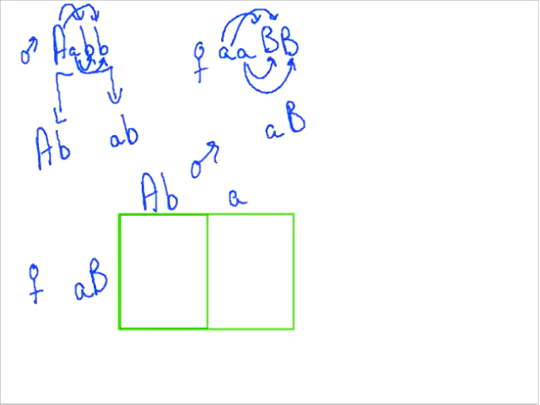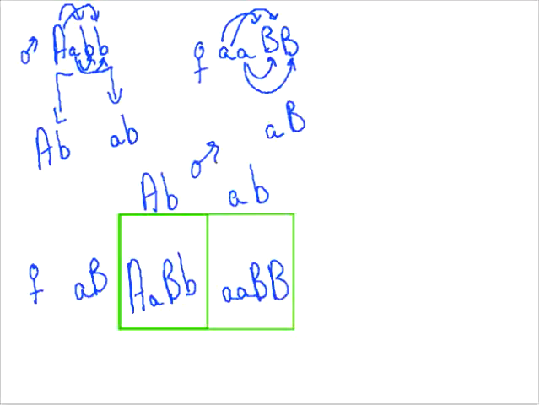Big A, little b, little a, little b. Therefore, the only possible genetic combinations in the offspring are big A, big B, little b, or little a, big B, big B.